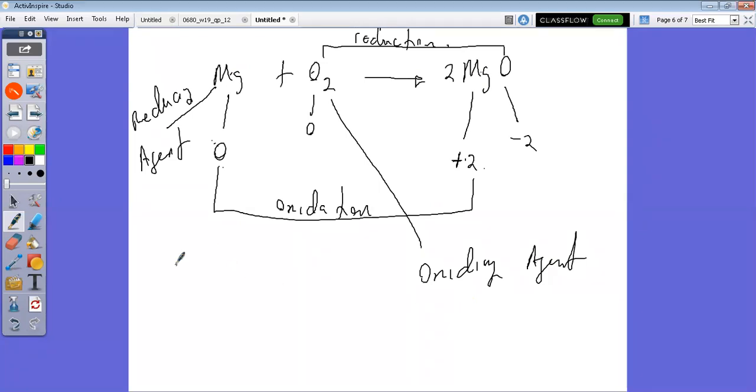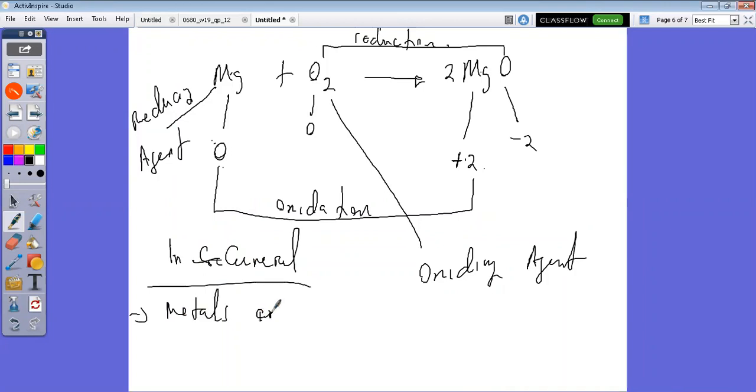So in general, let's write that in general, that is not always the case. In general, metals are reducing agents.